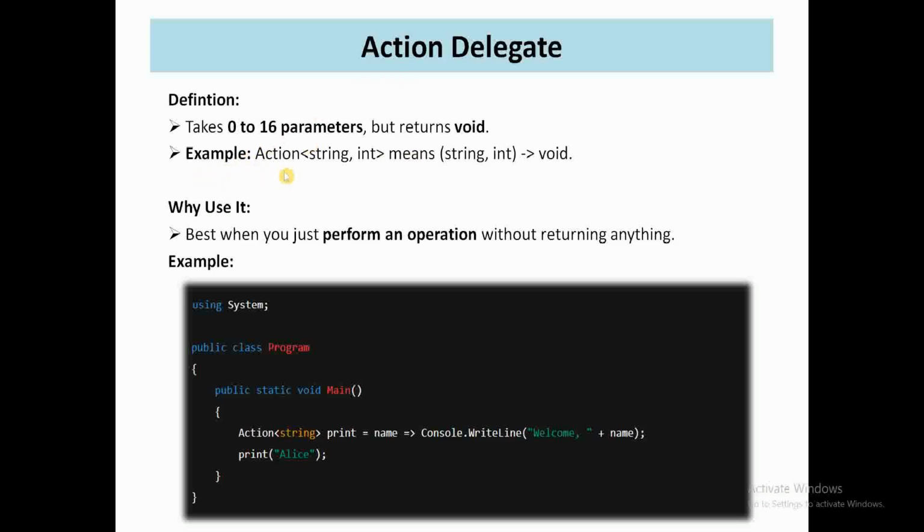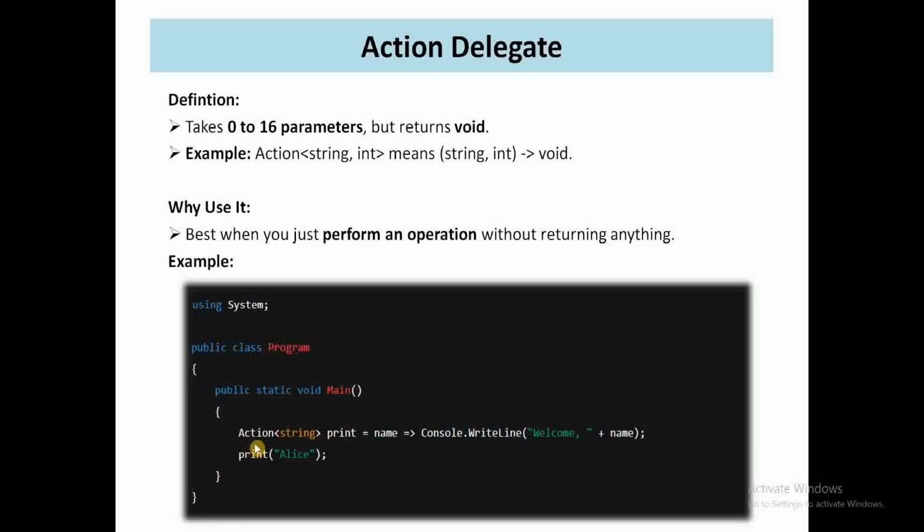Here is the example. Here we have declared an Action delegate, and these are the parameters we will pass. Here string and int are the parameters, but the return type is void, meaning we cannot return anything through this delegate. So why use it? It is best when you just perform an operation without returning anything. So if we do not want to return any value through this delegate, then we can approach this Action delegate.